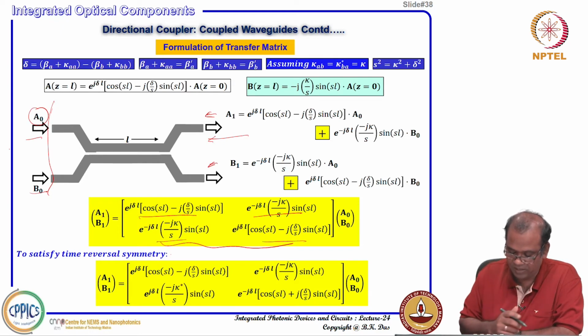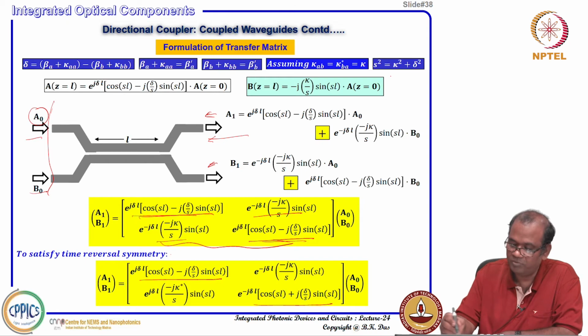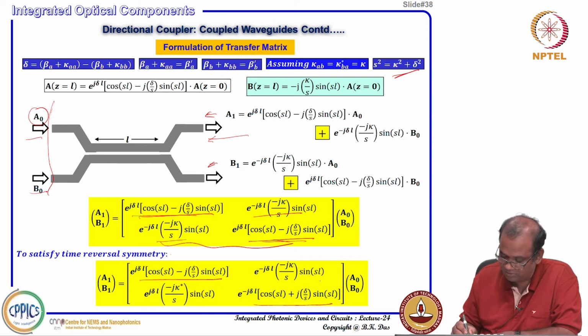So for that purpose, we decompose this one: we write it here as it is, and for this one I use the complex conjugate. You see e to the power j delta L, I will write as minus e to the power j delta L. S I am considering like a real cos SL, because S squared, as we defined, is a positive number, so I consider it real. Then for the j and minus j, complex conjugate, I write delta by S. Delta is a real number.